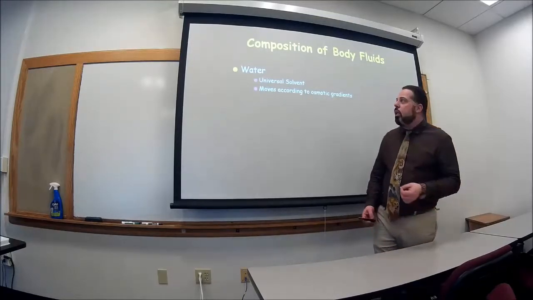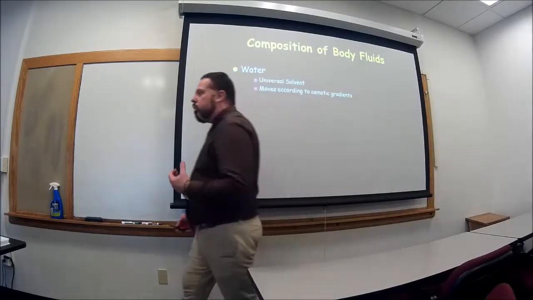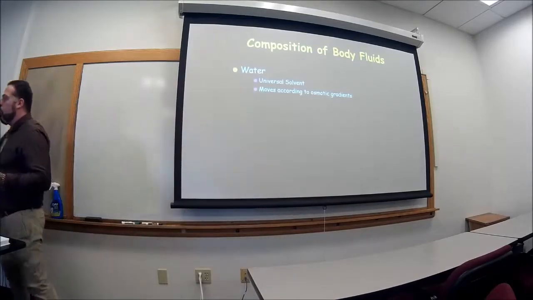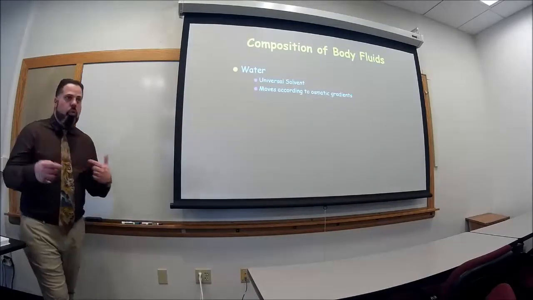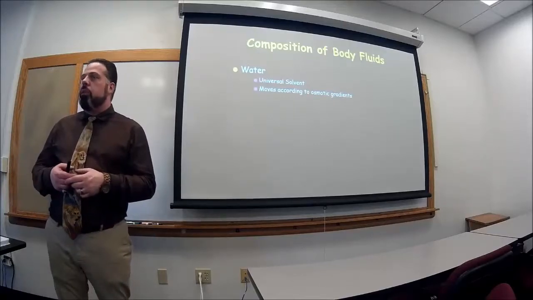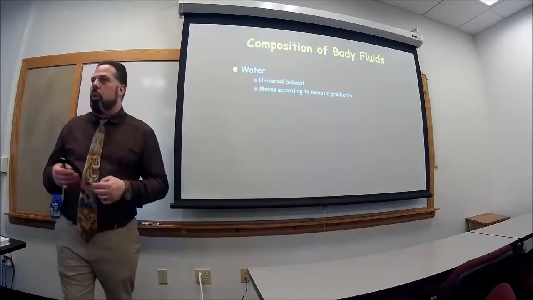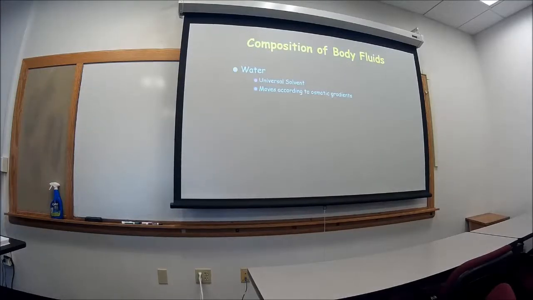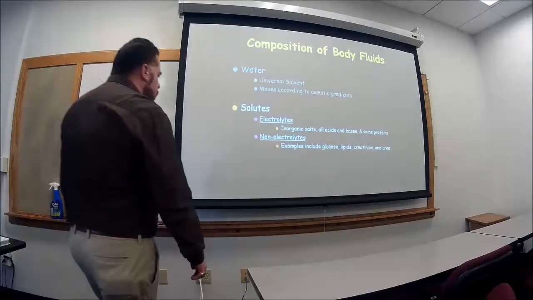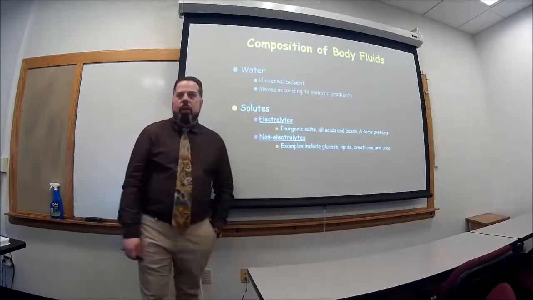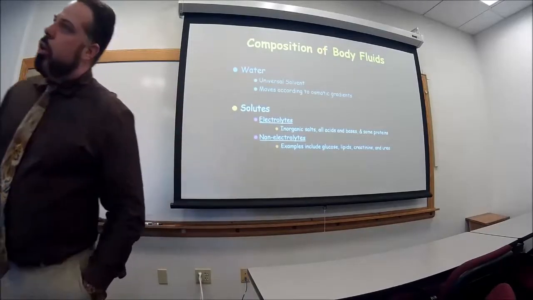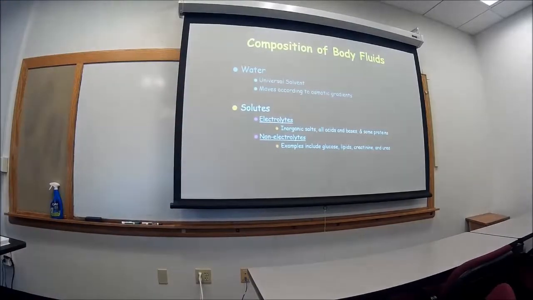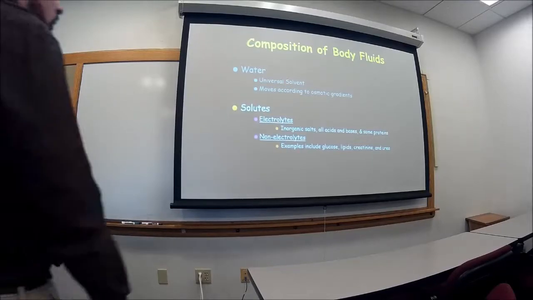So our body, the universal solvent that's in our body at least, is going to be water. And that moves from one place to another depending on the osmotic gradients, where there's a higher concentration, moves to a lower concentration of water molecules. So the solutes that we have is basically things with charges and things without charges. So the electrolytes is the things with charge, things with salts, acid, base.